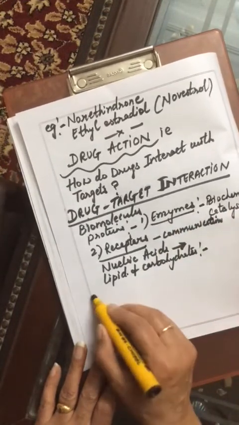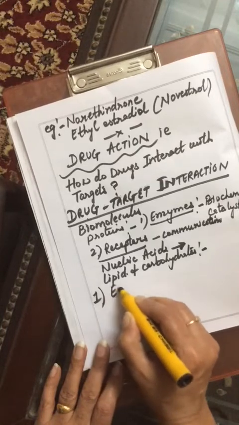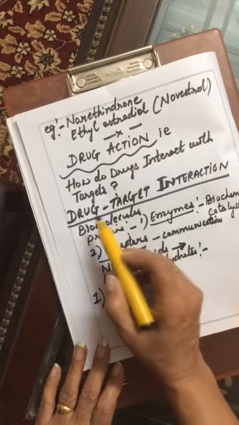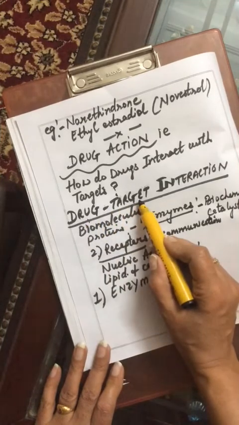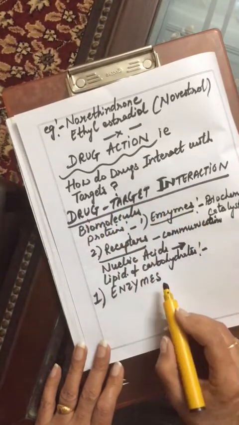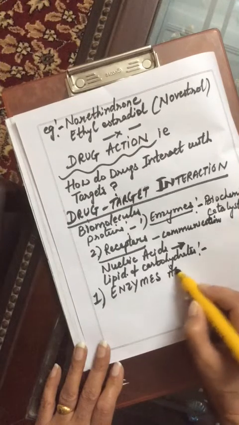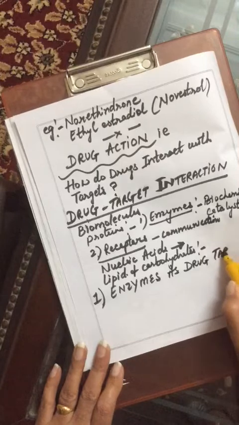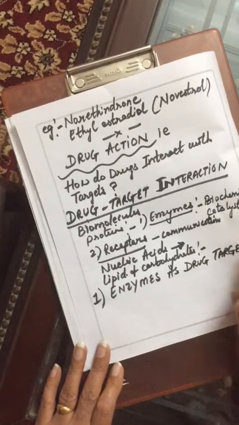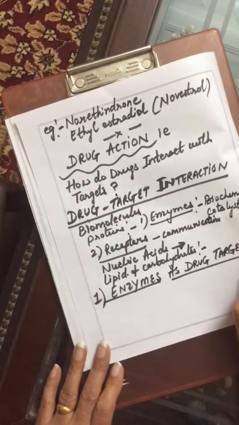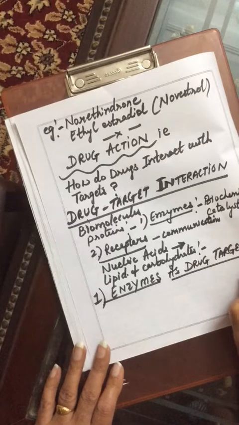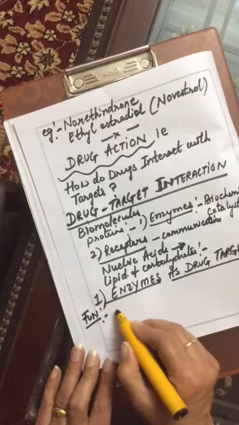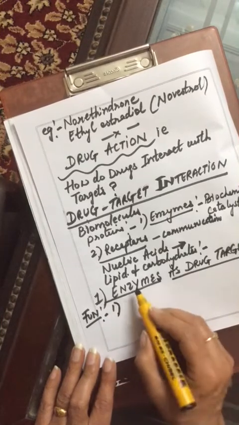Now, the first example I am taking is enzymes, to understand the interaction between a drug and a target. Enzymes as drug targets. First I am coming to the function of enzymes, how they work.